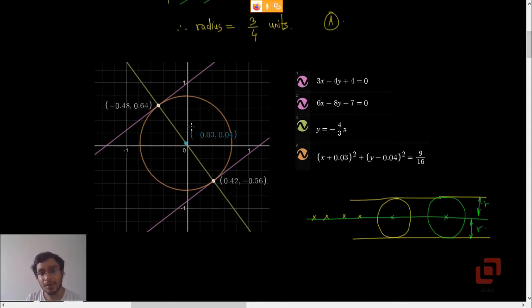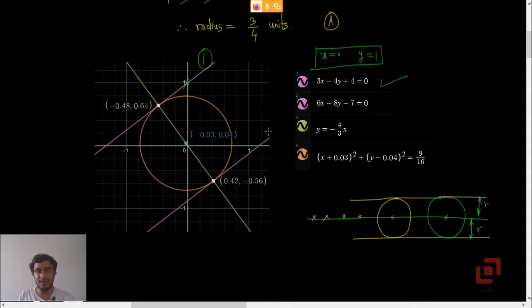Okay. Now, how did I construct this particular circle? First, I plotted the line 3x minus 4y plus 4 equal to 0. If you let x to be 0 in this equation, then y will turn out to be 1. Yes. So you can see that among the two pink lines, the line which makes a positive y intercept is the first line.